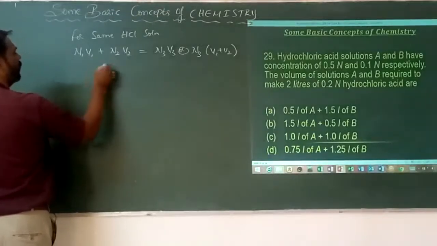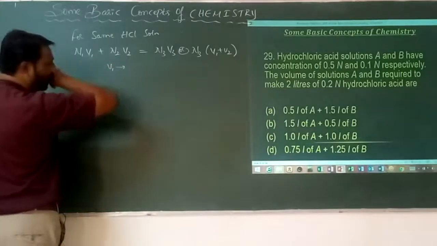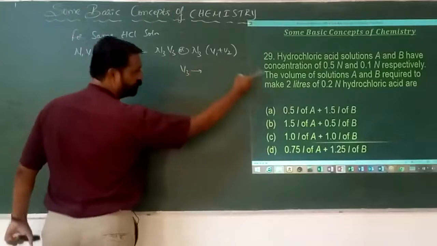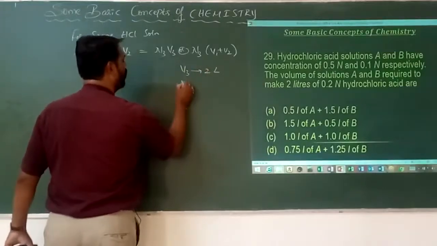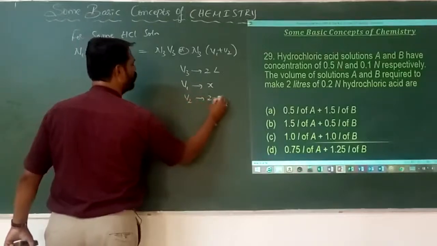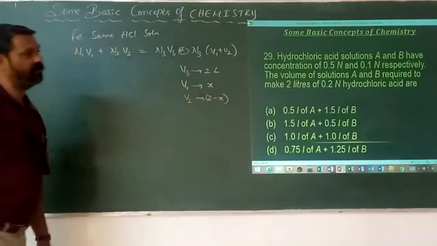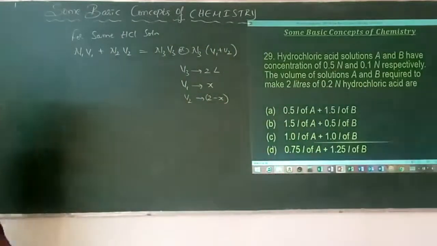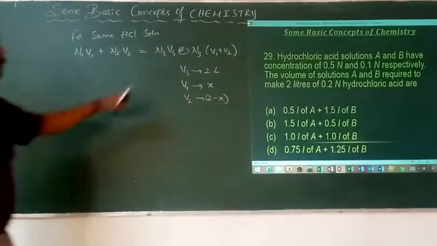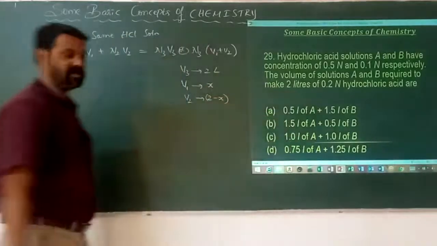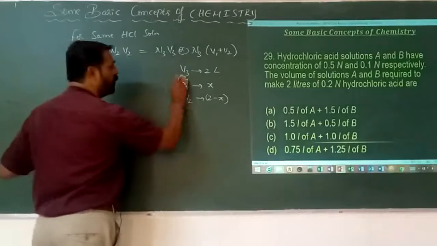V3 is given as 2 liters. Let V1 be X, V2 is 2 minus X, because they have given only the concentrations 0.5 and 0.1, but not the volumes. But the total volume on mixing is 2 liters, the final volume V3.